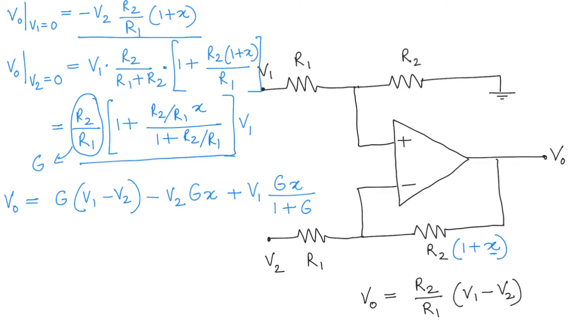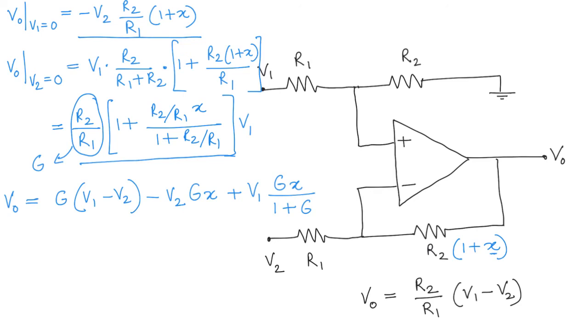Similarly, you can see what happens when R1 changes by a certain factor. The output no longer just remains an amplified version of V1 minus V2, but it's got these distorting terms. Now, it would be nice to do something like this.